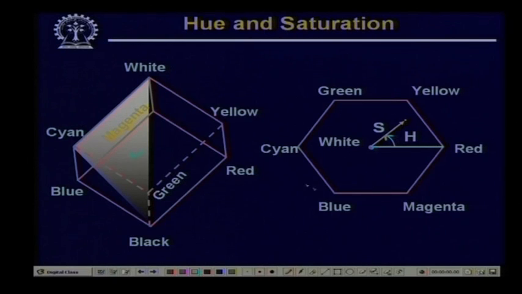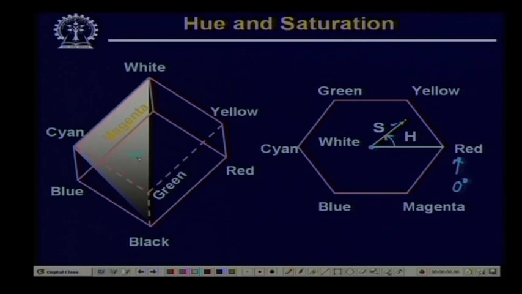So, using this particular convention, red will have a hue of 0 degree, and as we rotate this shaded plane around this intensity axis, this straight line, which is its projection, will also be rotated by 360 degree, and as it is rotated, the hue is going to increase. So, hue is normally measured by the angle between the red axis and the line which is the projection of this shaded plane on this plane of the hexagon.